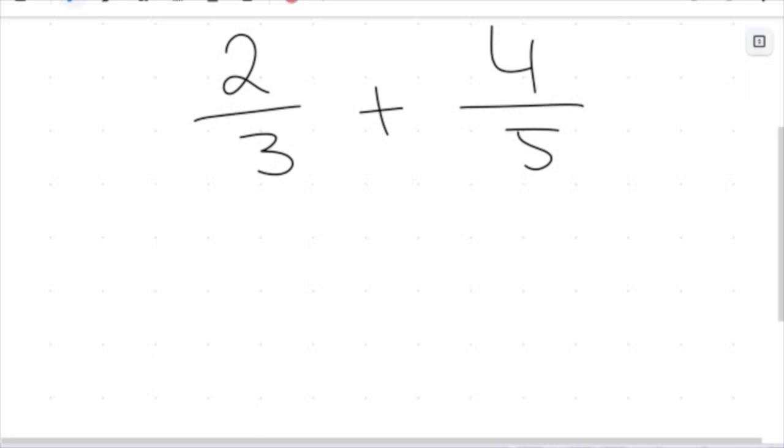When approaching questions like this, I'm going to go through this a bit quicker because I'm sure a lot of you are already across this. We need to find the lowest common denominator, the smallest denominator that we can use to make equivalent fractions with the same denominator. That way we can add a lot easier.